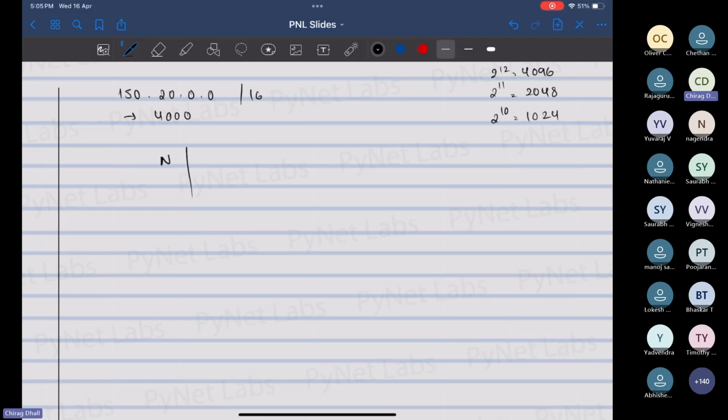The default distribution of network and host bits is 16 and 16. Out of 16, I require 12. 4 bits are extra, I'll give it to the network part. The new distribution of network and host bits will be 20 and 12.